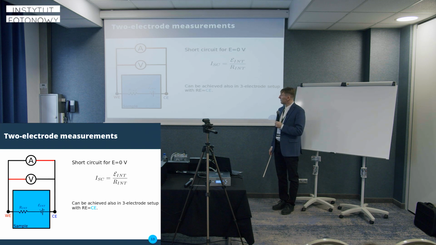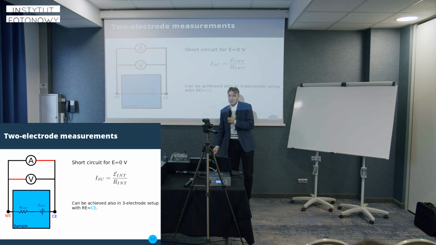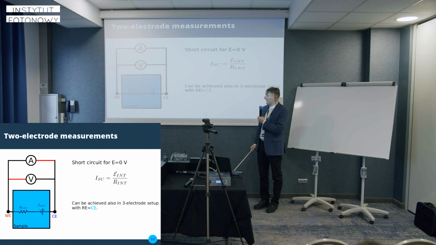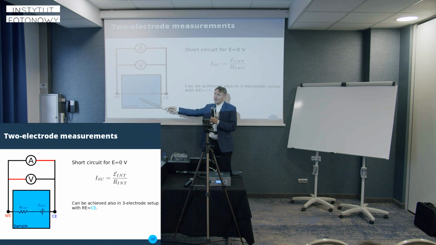And of course, we know what that current will be. It will be this electromotive force, or this voltage maintained by the sample, over this internal resistance. But of course, we assume that this doesn't change with the current flowing for now. In real life, this will drop as the current increases, but it is not important for us right now.